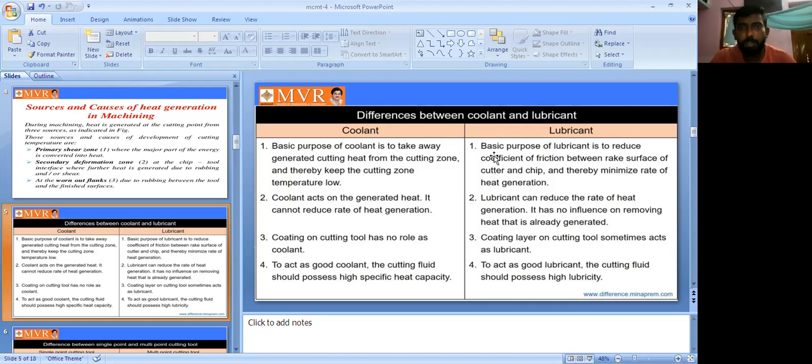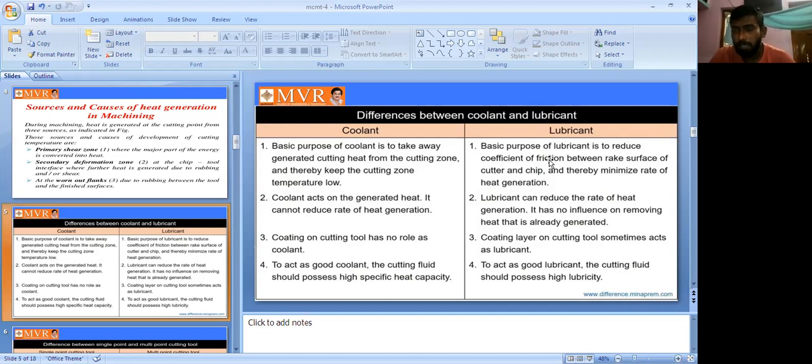The basic purpose of coolant is to take away the generated cutting heat from the cutting zone and thereby keep the cutting zone temperature low. That is the major point here.